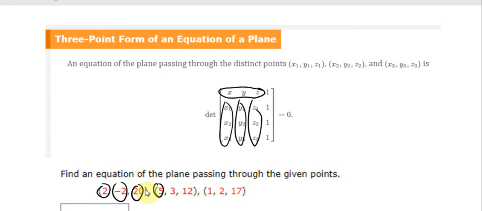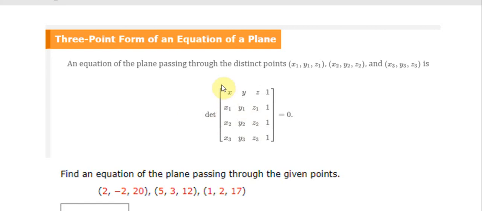In my graphing utility, I plug this information in. So we have the x values here, and this is 2, 5, 1. The y values are -2, 3, and 2.